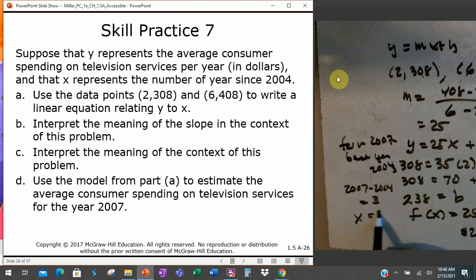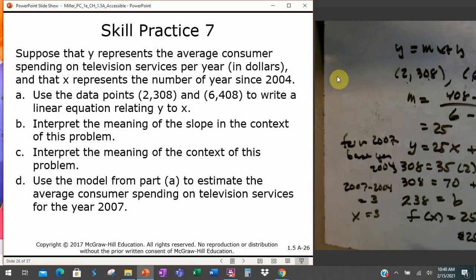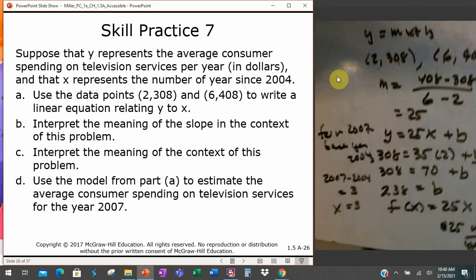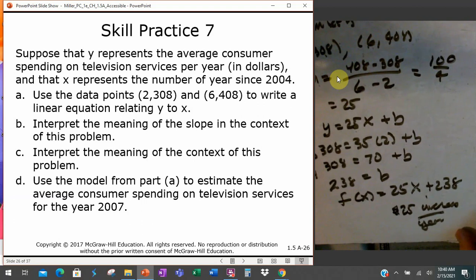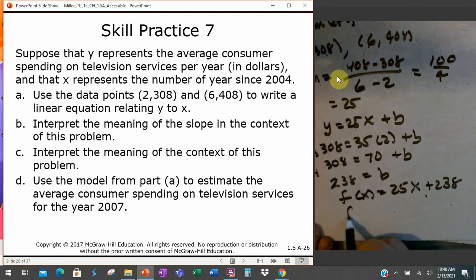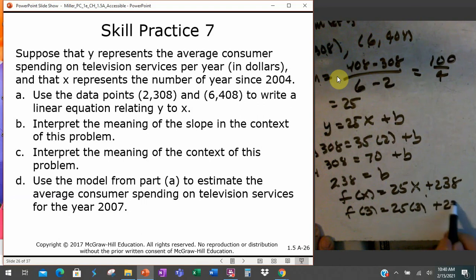So our x would be 3 to use this function. f of 3 would be 25 times 3 plus 238, which is 75 plus 238. And that would be $313, the average spending in 2007.